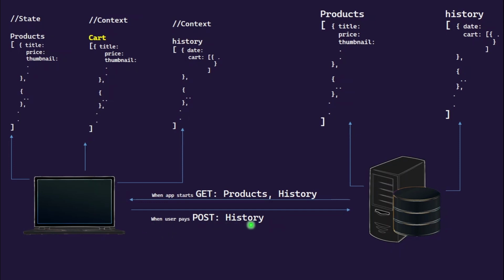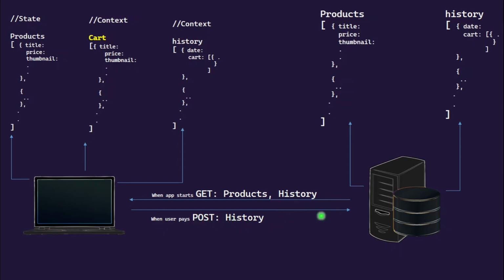And when the user pays for an item, when the user makes a post request to pay, I make this post request to update the user's history on the backend, so that the next time I start the app and this initial get is done, it gets the updated user history from the backend. So every time the user pays, I make this post request to update the user's history, so that if the user closes the application and starts it again and it does this initial fetch, it's going to get the updated history from the backend.